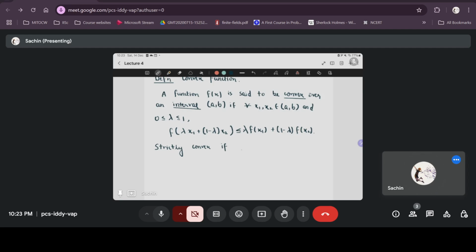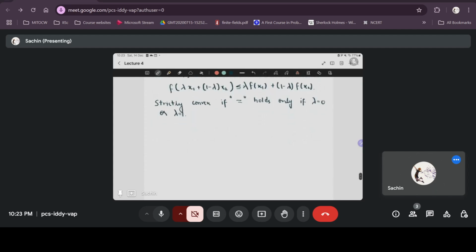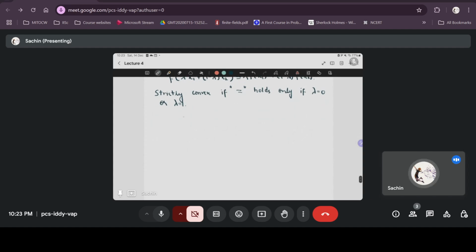Strictly convex if the equality holds only if lambda equals 0 or lambda equals 1. That is only at the endpoints. The function will look something like this.